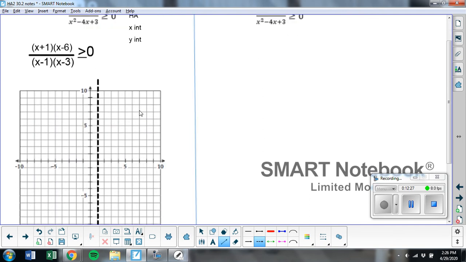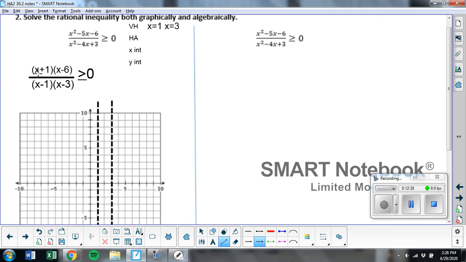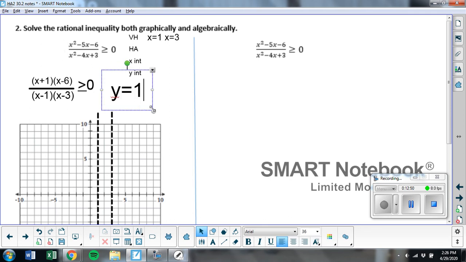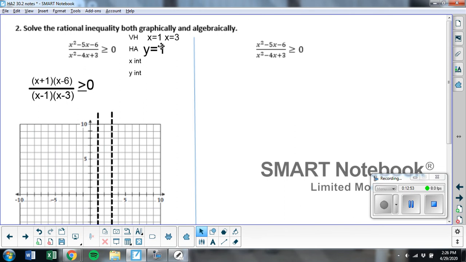Okay, there are no holes, so I don't need to fill that out. Nothing canceled, no holes. My horizontal asymptote, let's look at the degree of the numerator and denominator. x squared, that's both degree 2, so you look at the coefficient. 1 over 1 is 1, so my horizontal asymptote is y equals 1.